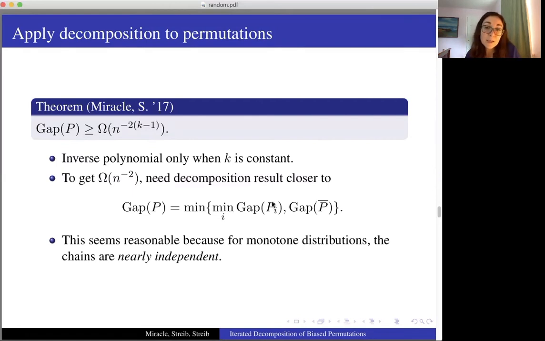This is definitely not true in general, but it seems reasonable in this application because for monotone distributions, the chains appear to be nearly independent in some way. So what we want is a new decomposition theorem that takes advantage of this fact.